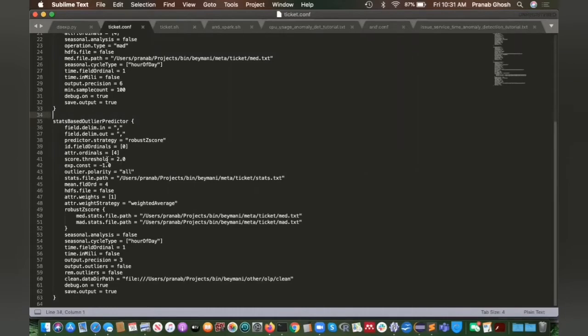And this is the threshold, 2.0. That means it's an outlier if the deviation of a data point from the median is equal to or more than twice the average deviation that we found. So in that case, it's labeled as an outlier.